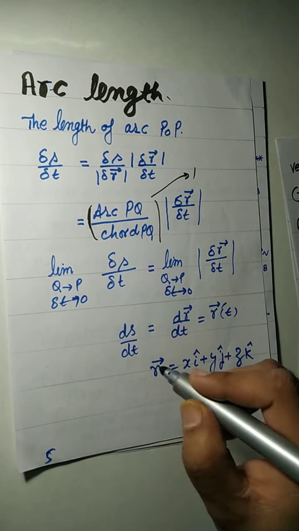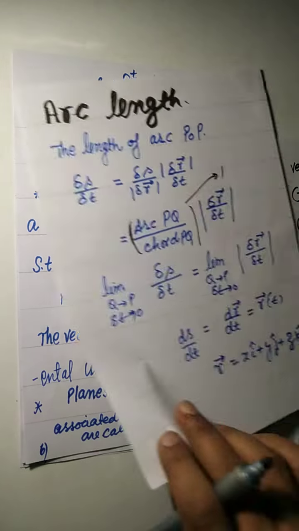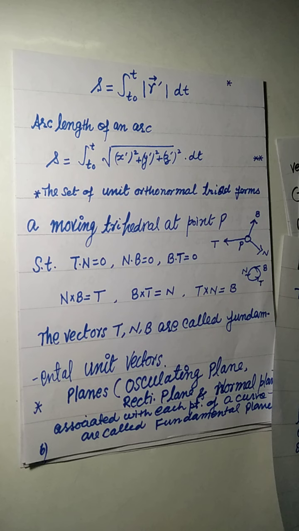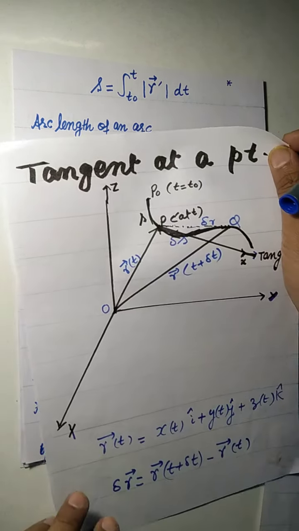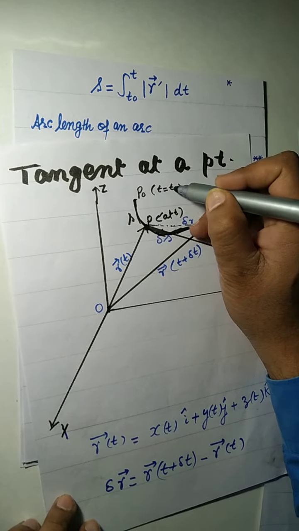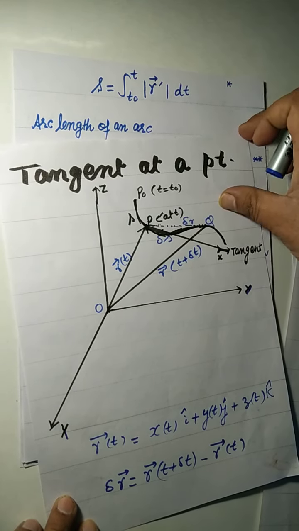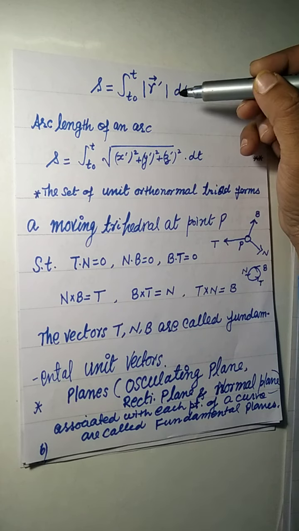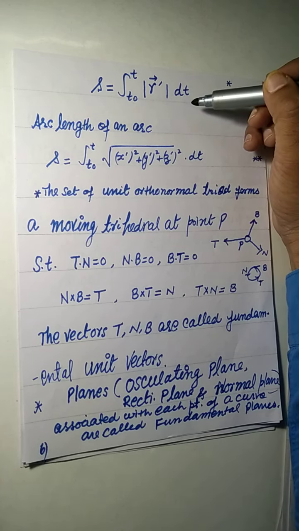After integration and taking limits from t0 to t, because the initial point is t0 and the reaching point is t, this is the arc length.